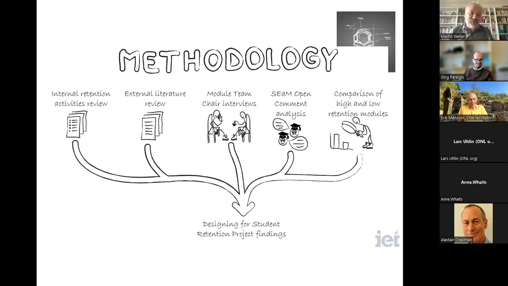So we did an internal review of what's happening, an external review of what the research in this area says, interviews with module teams to ask what their issues are around this, an analysis of SEAM, our student survey, an analysis of the comments people have made, particularly students who had dropped out, students who haven't completed the course, and a comparison of the design of high and low retention modules, so modules that had really good retention and modules that often lost students. So we combined all these things to come up with a model.